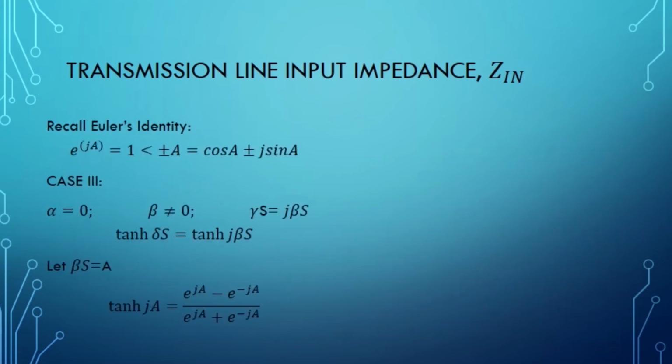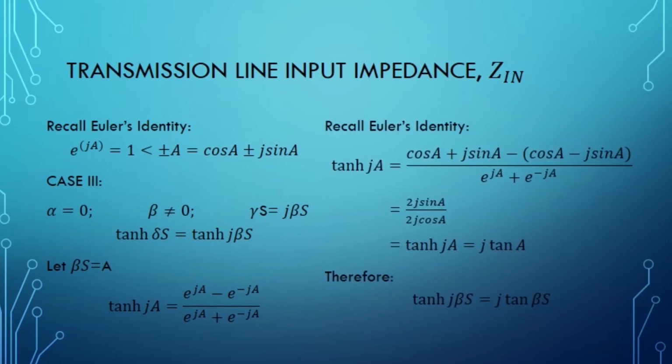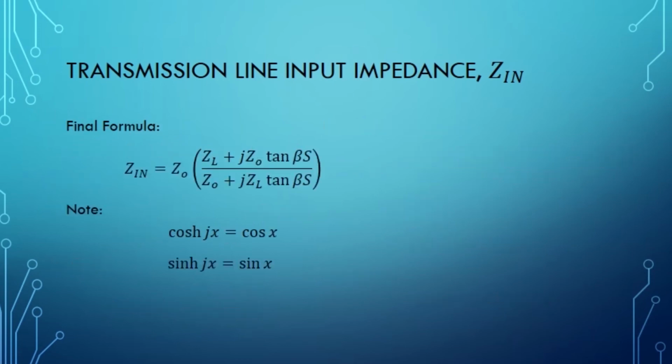And then recalling Euler's identity from the earlier part, this is case 3, where alpha is 0, beta is 0, and gamma S is equal to j beta S, which is an imaginary number. Continuing, tanh j beta S is equal to j tan beta S.